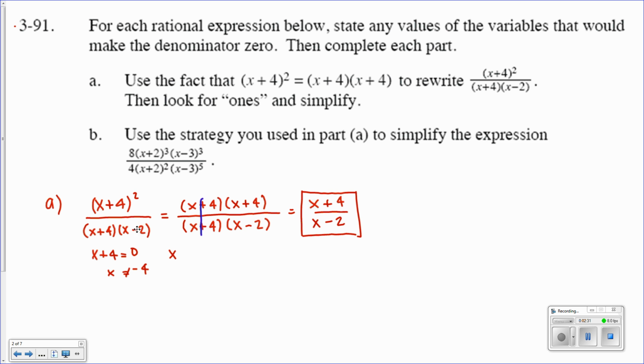And then the second one, x minus 2, if we set that equal to 0 and add 2 to each side, you get x equals 2. And that means that x cannot equal 2 either. So this is our simplified version of this expression, but then we want to list out that x cannot equal negative 4 or 2.